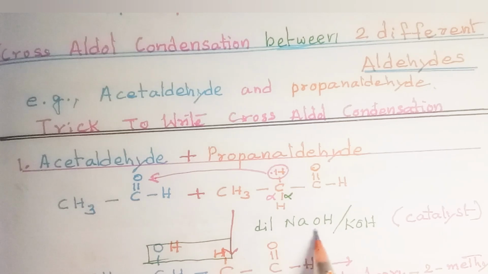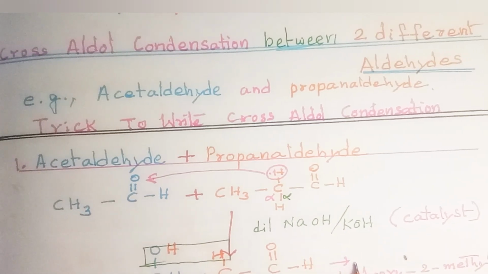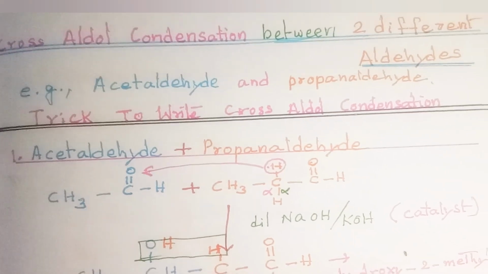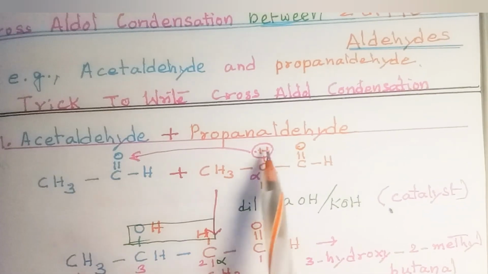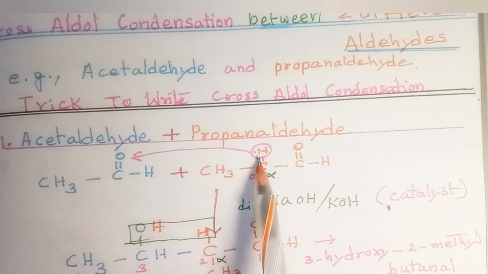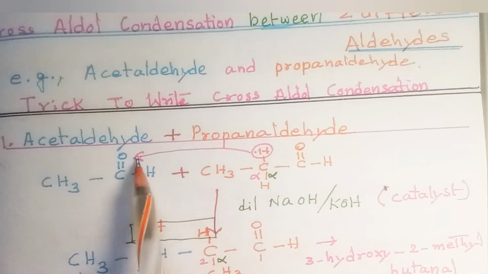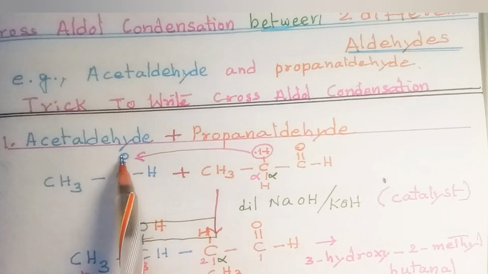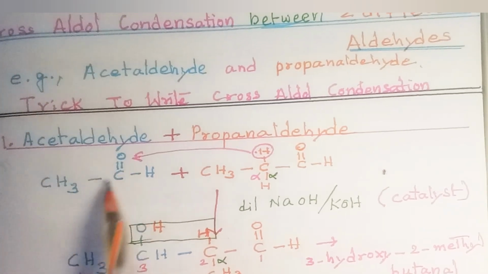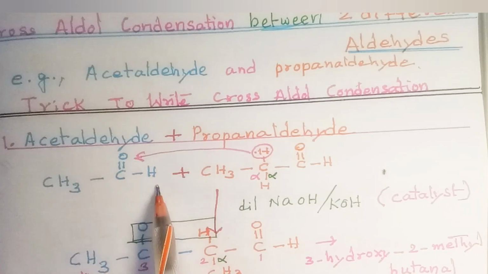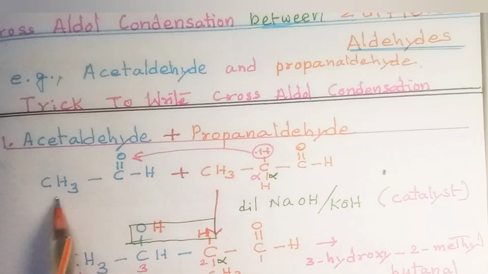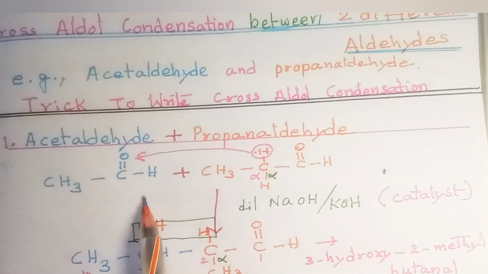Now, in presence of dilute alkali, this alpha hydrogen atom is joined with the oxygen atom of the acetaldehyde. That is the first reactant.